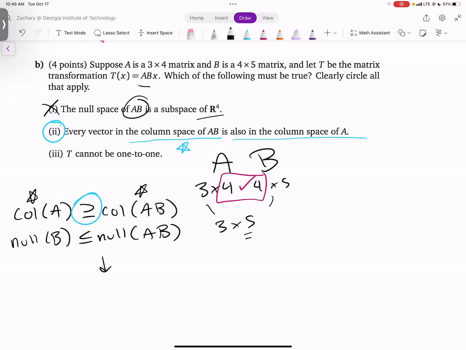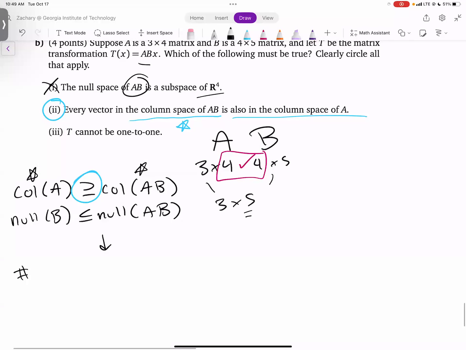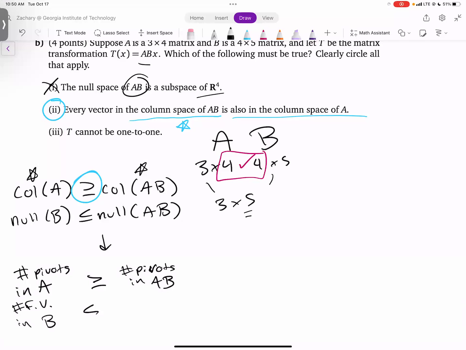And another way we can write these equations is the number of pivots in A is always greater than or equal to the number of pivots in AB, and likewise the number of free variables in B must always be less than or equal to the number of free variables in AB.